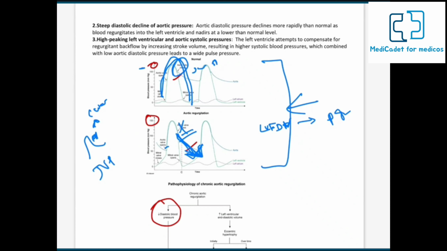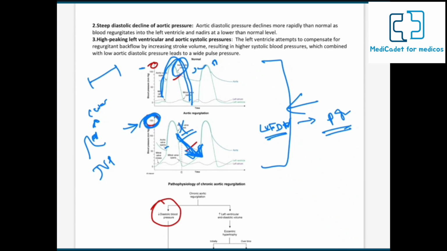Once it crosses the 120, the aortic valve will open and the blood will go to the aorta from the left ventricle. But here the pressure is like 150. Can you see that? Why? Because there's so much blood in the left ventricle at end diastole, and that has increased the left ventricle pressure as well. That is going to cause an increase in the peak pressure of the left ventricle and also the systolic pressure of the aorta.